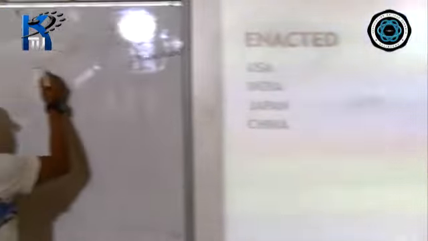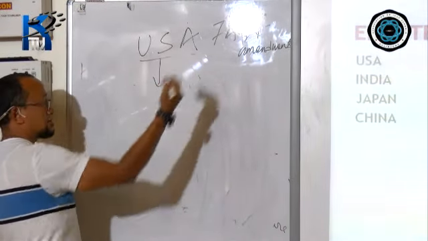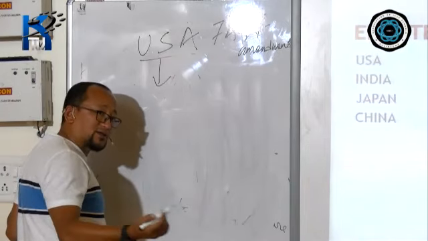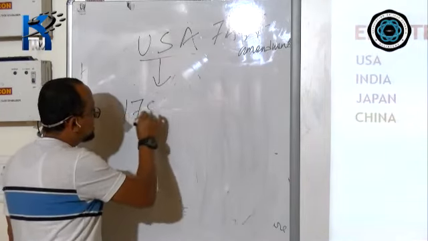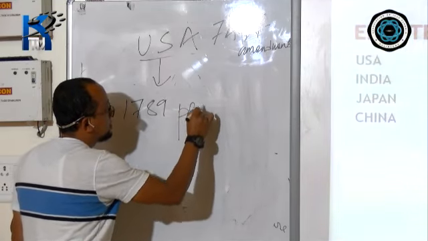Children, please focus over here. United States of America, we have enacted constitution. If you talk about United States, the Constitution was constituted or enacted way back in 1789 by the Philadelphia Convention.